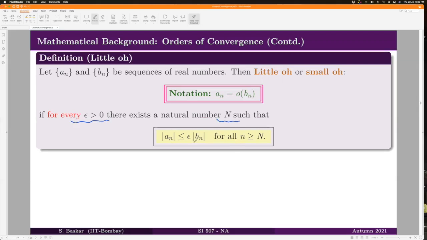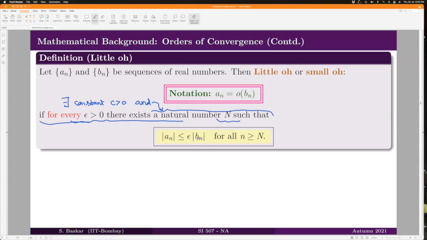Try to see the difference between this definition and the big O definition. Big O definition says that there exists a constant c greater than 0 and then it follows with this, right? But here what we say is for every epsilon greater than 0, there exists a natural number.